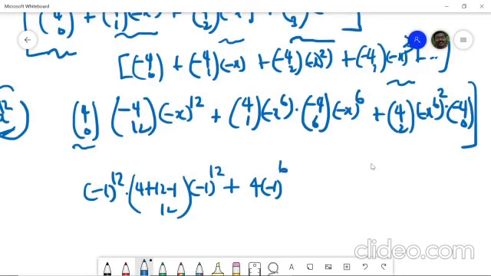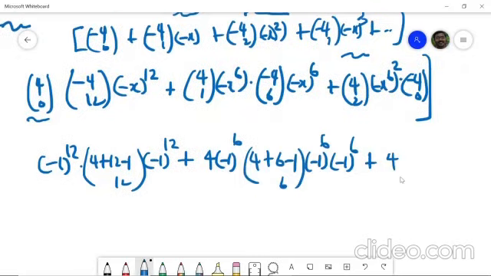And finally we have this last one, it is 4c2, so just compute that, 4 into 3 by 1 into 2 there, and minus 1 square will be there. Okay, then you have minus 4c0, that is again 1.